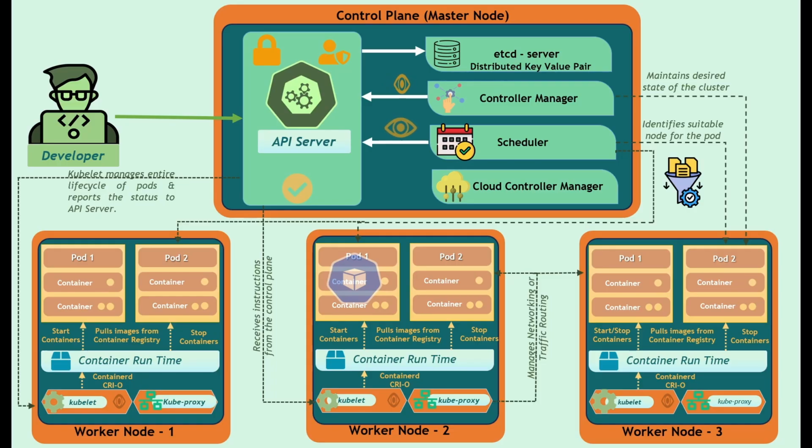This component is not required if you're running on bare metal servers. But on cloud platforms, this component is very much essential. I hope the entire Kubernetes architecture and all its components in the cluster are clear to you.